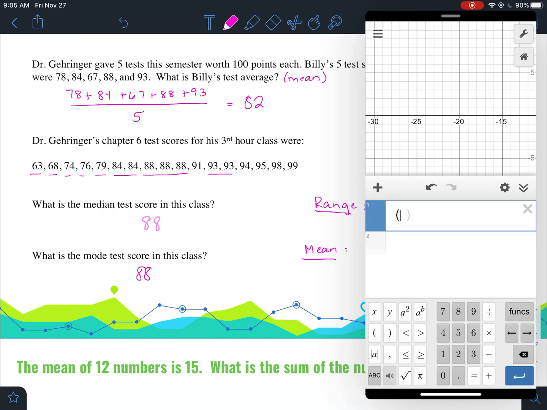We would take 63 plus 68 plus 74 plus 76 plus 79 plus 84 plus 84 plus 88 plus 88 plus 88 plus 91 plus 93 plus 93 plus 94 plus 95 plus 98 plus 99. Oops.